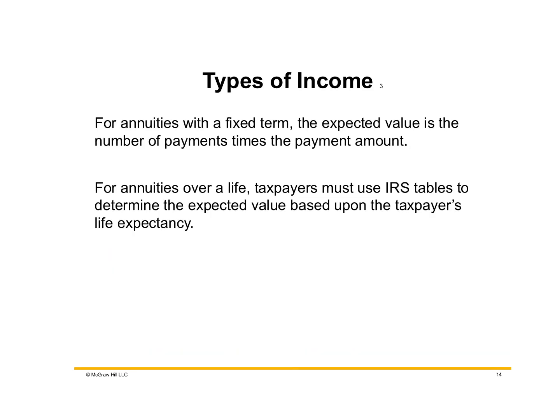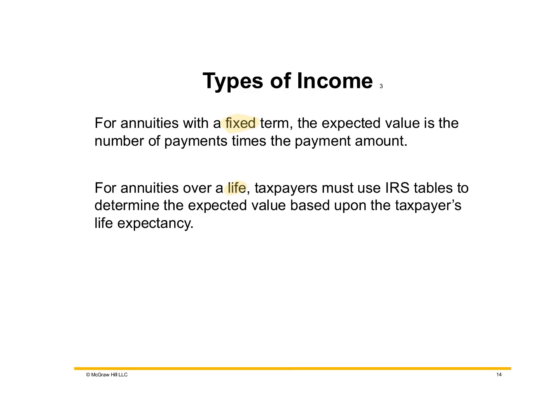So whenever we think about annuities, there are 2 kinds of annuities. We have fixed annuities, and we have annuities paid over a life. And the reason why we want to distinguish between those 2 is because the calculations that we have to perform are different for each kind.